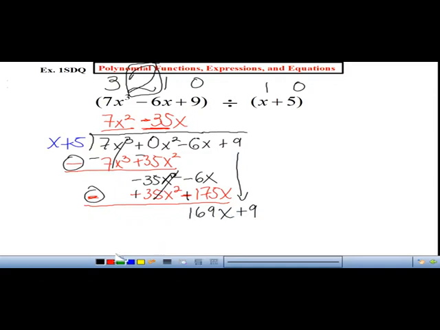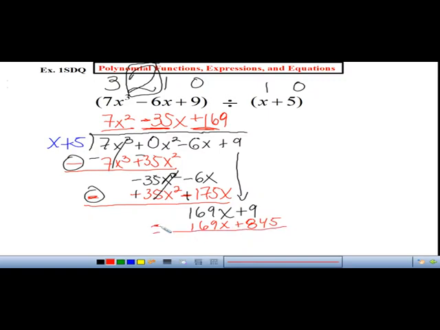All right. Process one more time. What number times x gives me 169? Positive 169. So 169 times x is 169x. 169 times 5, that's positive 845.